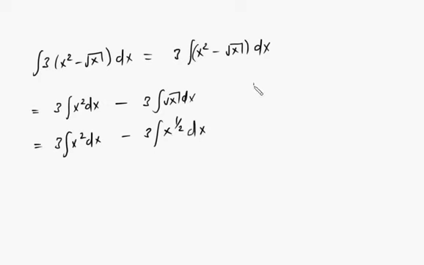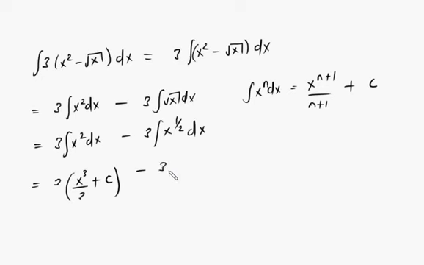Sasa remember nimesema ukitaka kuintegrate x power n with respect to x unapata nini? x power n plus 1 like this. So hapa itakuwa ni 3 times, hapa tutakuwa na x power 3 over 3 plus c minus 3 times, okay, nimefanya faster sana hapo, I'm so sorry.